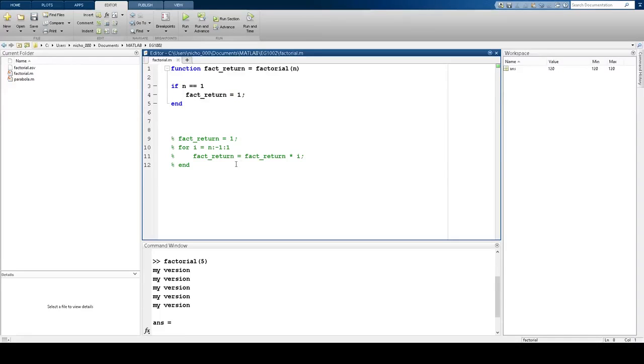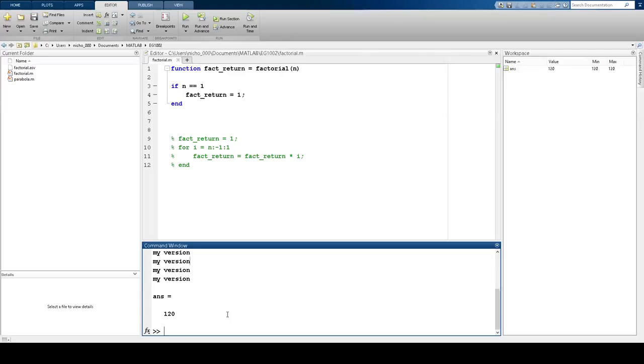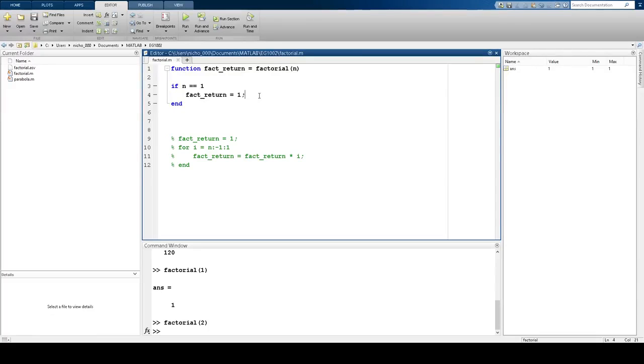Just as this, I'm going to call this function, so factorial 1 returns 1, which is correct, but we aren't handling any other case yet. We aren't handling the higher cases. And to do this, else fact return is equal to factorial of n minus 1.